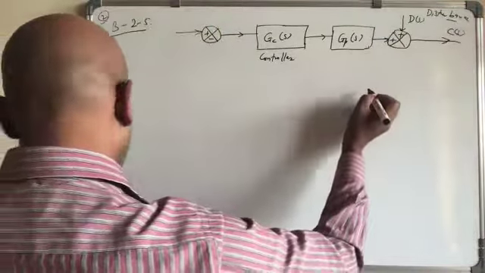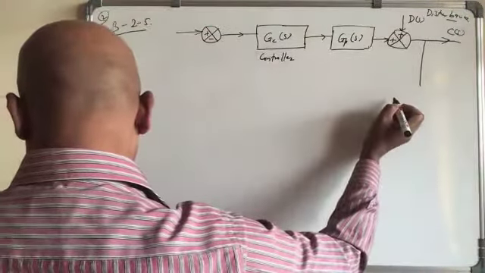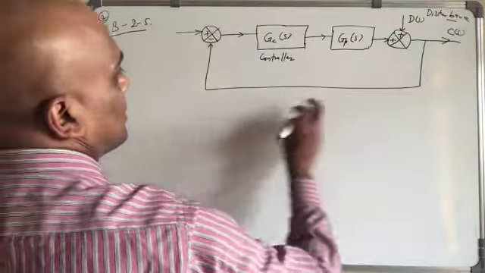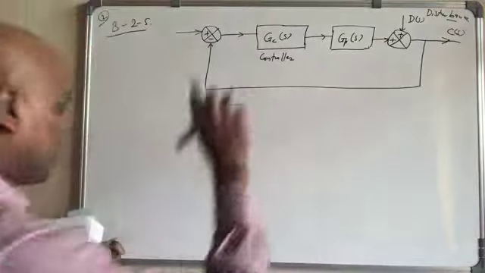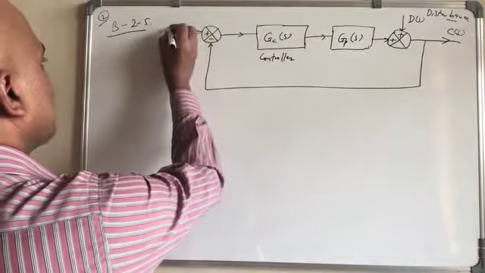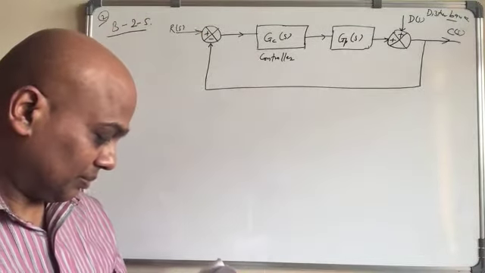Here comes like this. Okay. So feedback loop, gain 1, you can assume, right? This is the reference, R of S for reference.